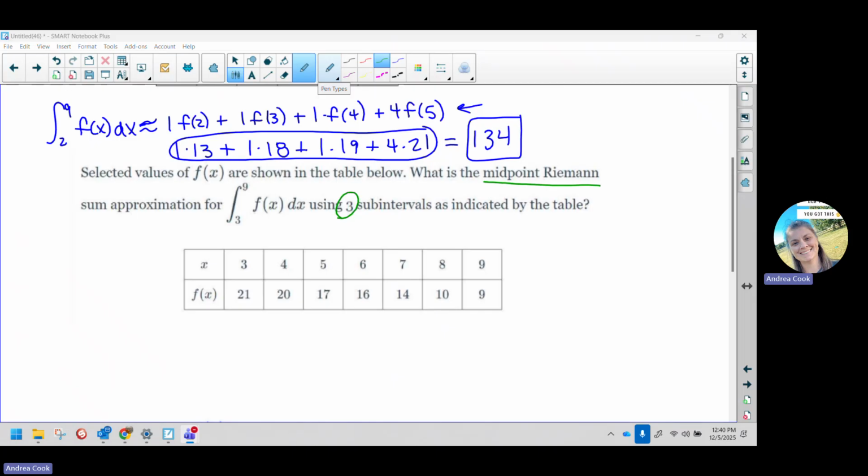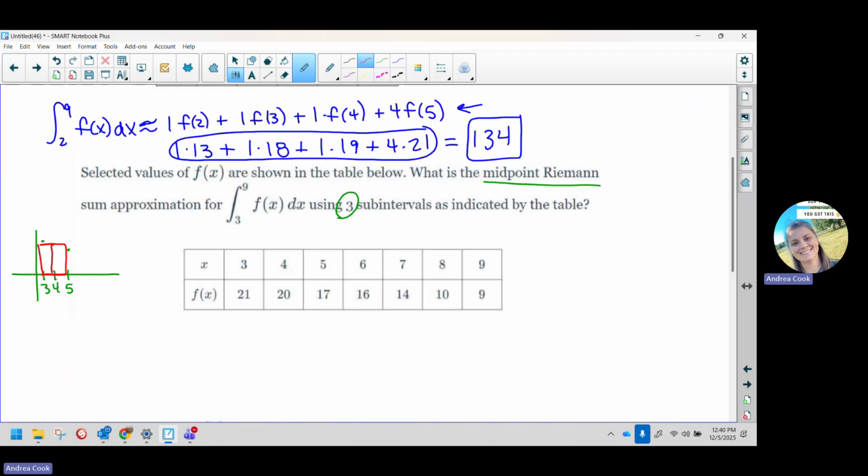With midpoints, what you're going to be doing on your graph is you're going to have 3, 4, 5. The base of my rectangle is still this entire thing, but the height of my rectangle is the one in the middle.